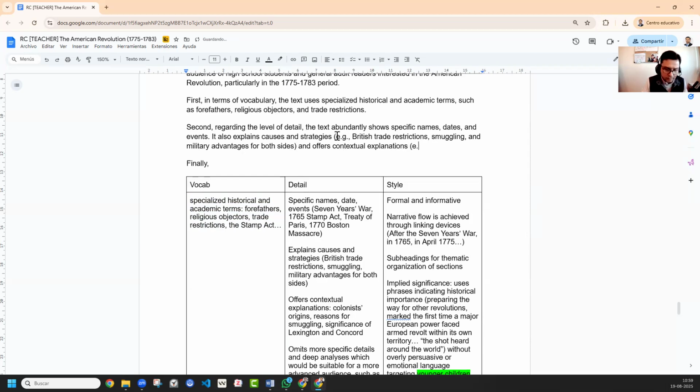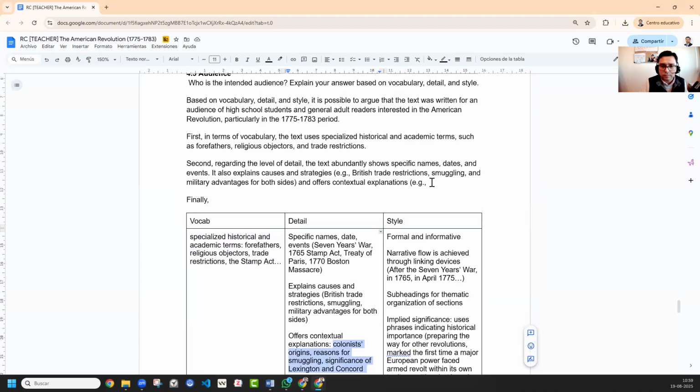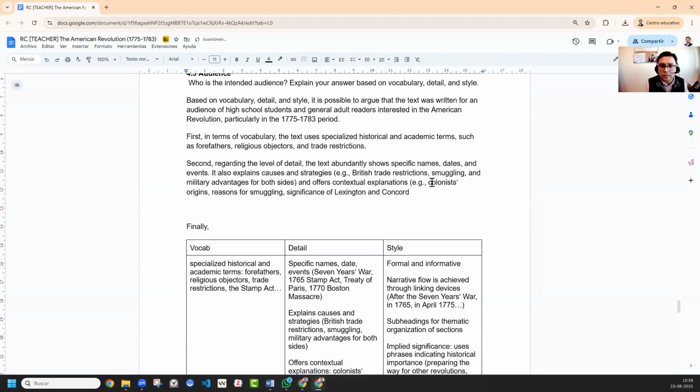So again, we're going to use an e.g., and we're going to copy this: e.g., colonists' origins, reasons for smuggling, and significance of Lexington and Concord.